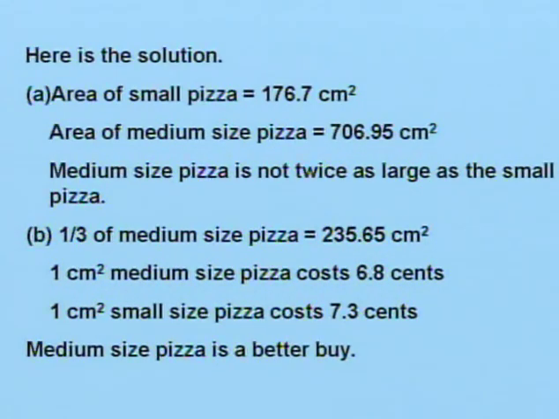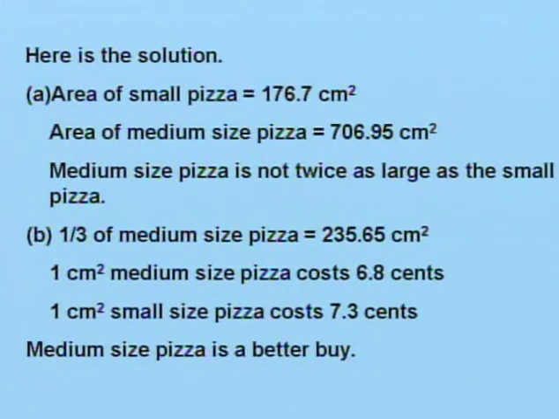1/3 of the medium-sized pizza is equal to 235.65 centimeters square. 1 centimeter square of the medium-sized pizza will now cost 6.8 cents. So if you do your calculation, you will see that 1 centimeter square is worth 6.8 cents. 1 centimeter square of the small pizza costs 7.3 cents.